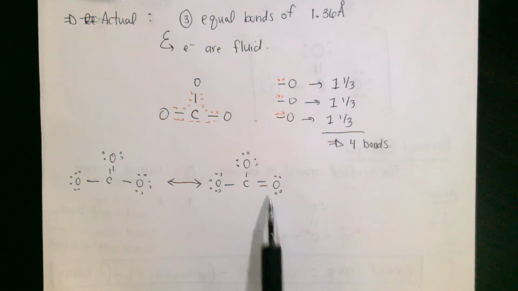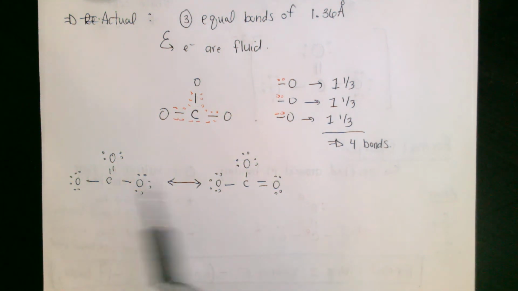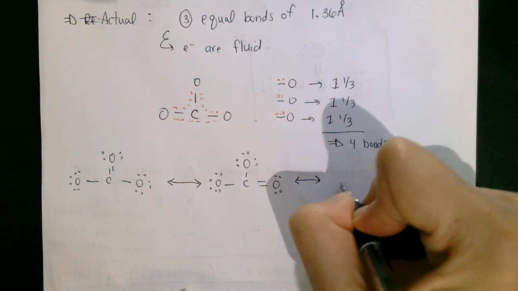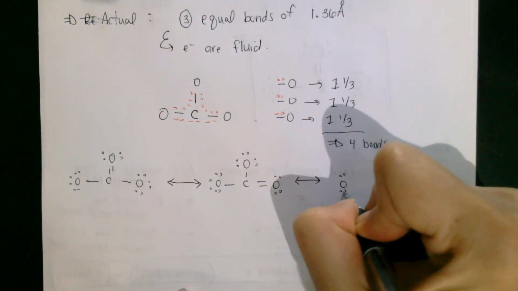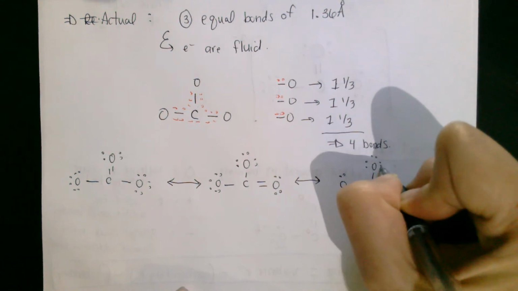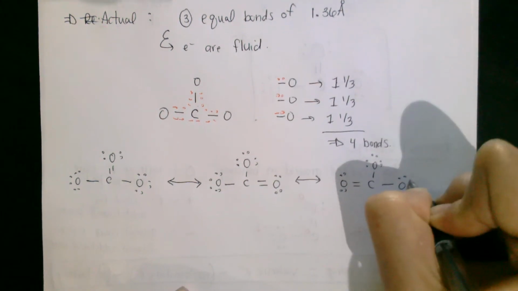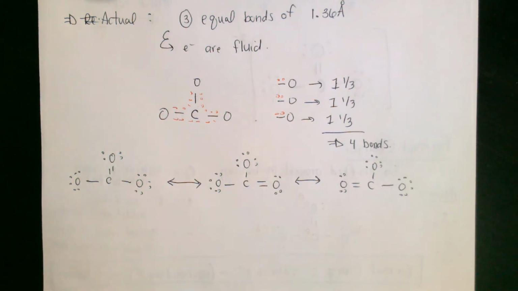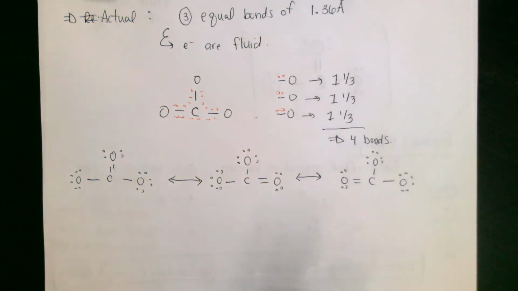This oxygen now has the double bond. It was here, now it's here. Then we can draw a third unique structure where now we have that double bond on this side. So 3 unique Lewis structures that we could draw with just placing that double bond in different locations.